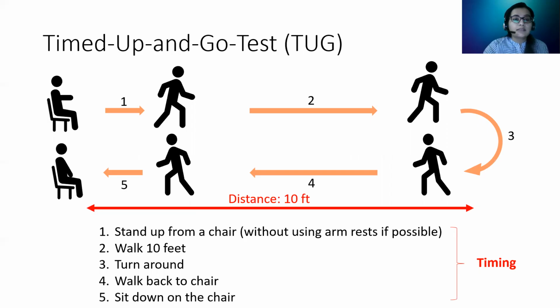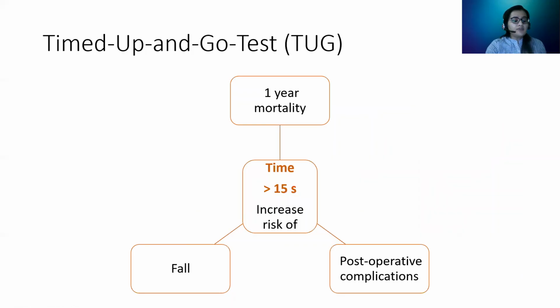That is, stand up from a chair without using armrest if possible, walk 10 feet, turn around, walk back to the chair, and sit down on the chair. If the time required to perform this task is more than 15 seconds, then it indicates that there is increased risk of fall, postoperative complications, and 1-year mortality.